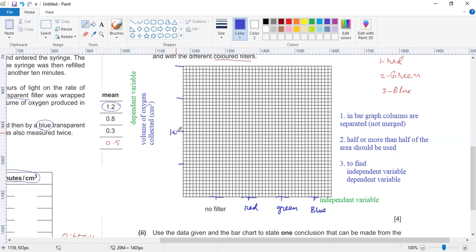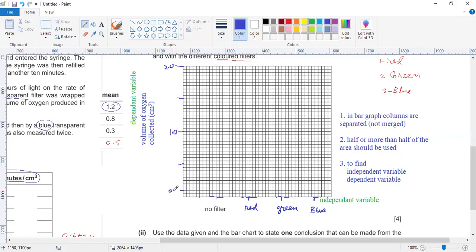This is 1.0 and this is 2.0. If it is the case, then each small division would be 0.1 centimeter cube.